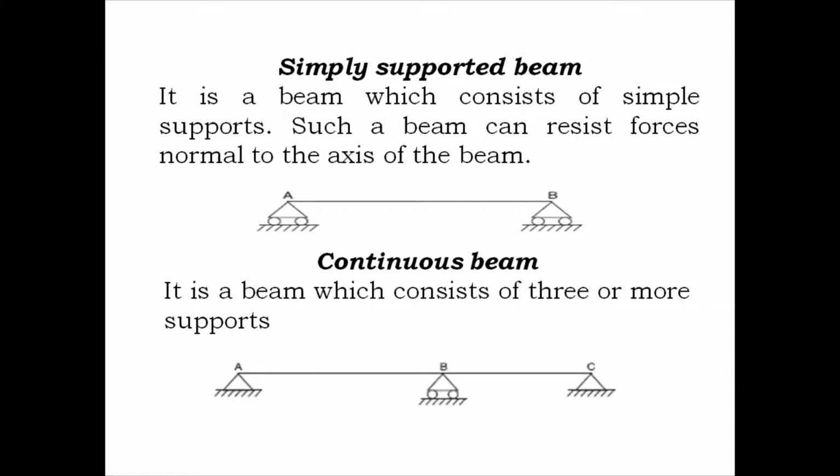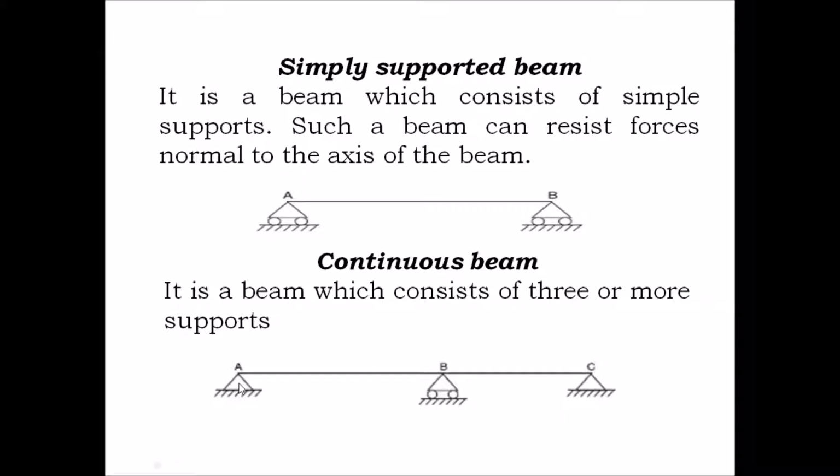Okay, the next one is continuous beam. Now what is a continuous beam? A continuous beam is a beam which runs continuously, or it has 3 or more supports, minimum 3 supports. Such a type of beam is called a continuous beam.